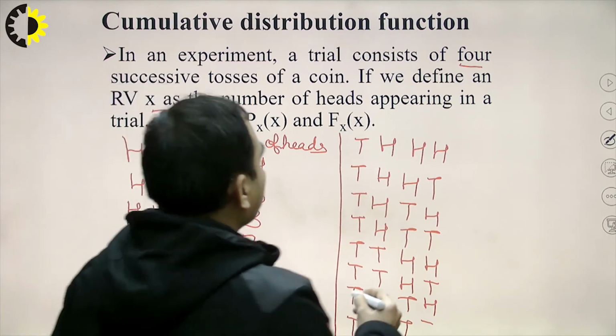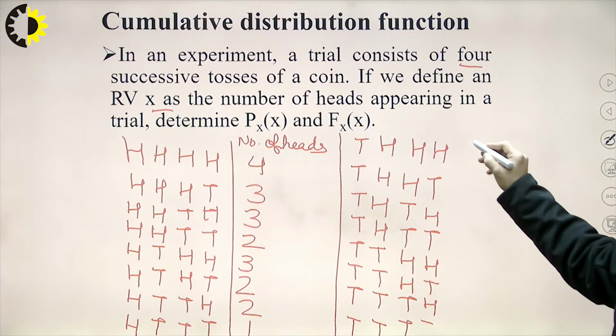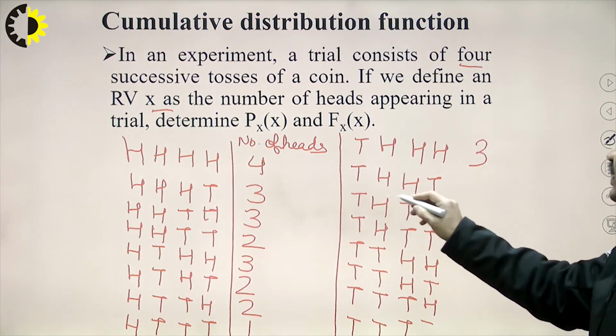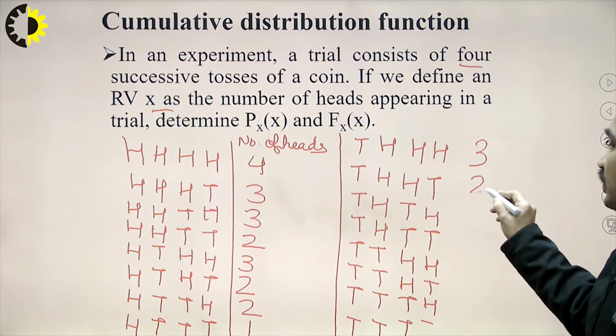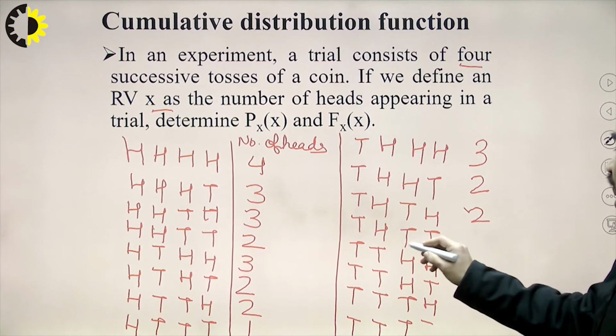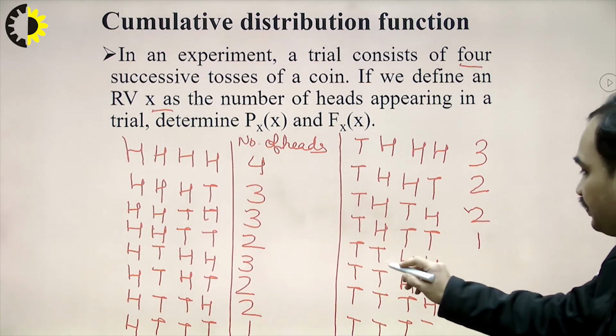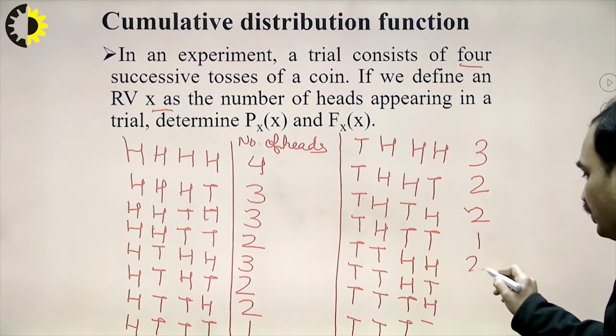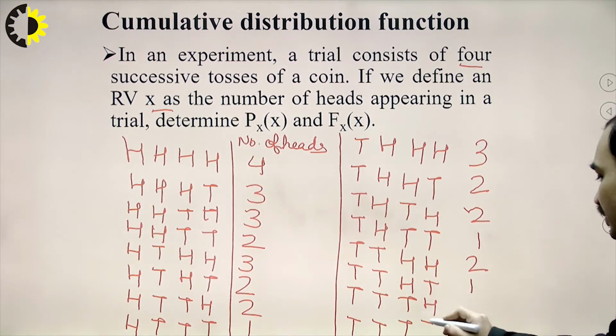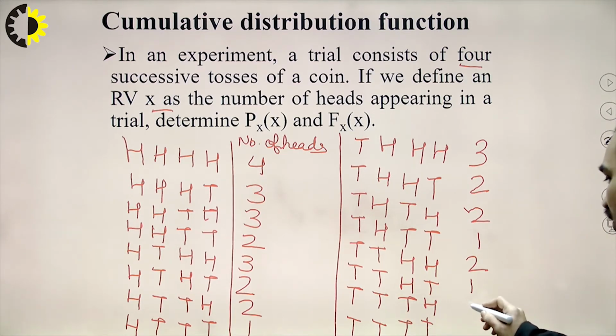Here you can see 3 heads, here 2, 2, then 1, then 2, 1, here it is tail. So here it is 1 head, and here 0 heads.